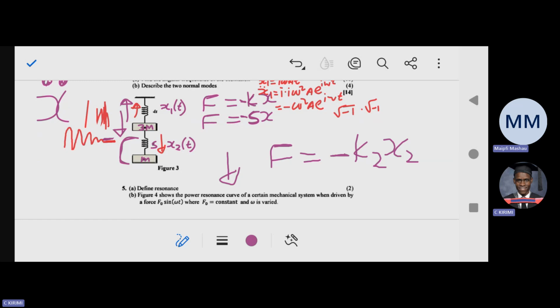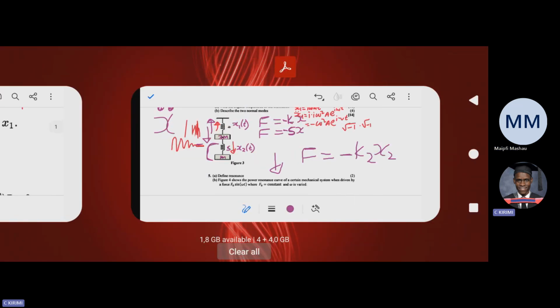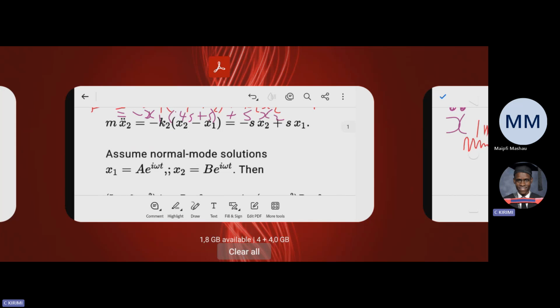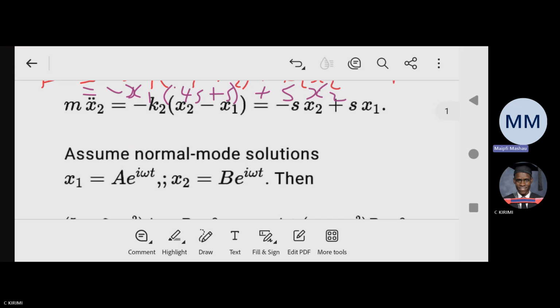But there is another force that is resisting the motion of that block. You need to compensate that force, which is positive K2 x1, due to the spring constant and x1. That is the only force that is resisting the motion, the restoring force.